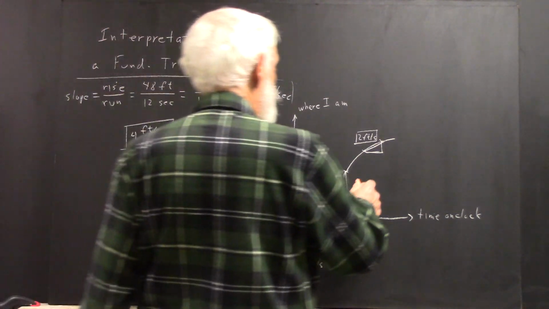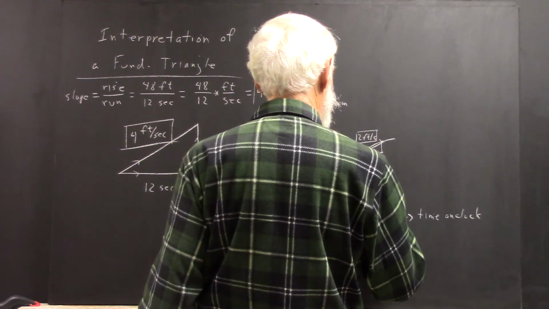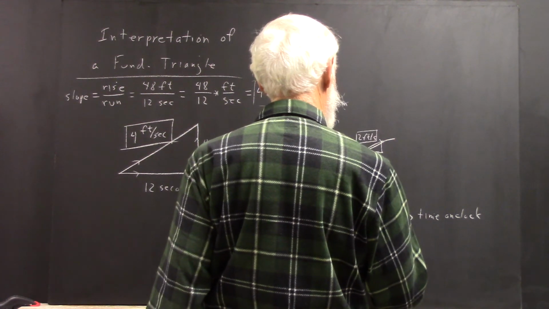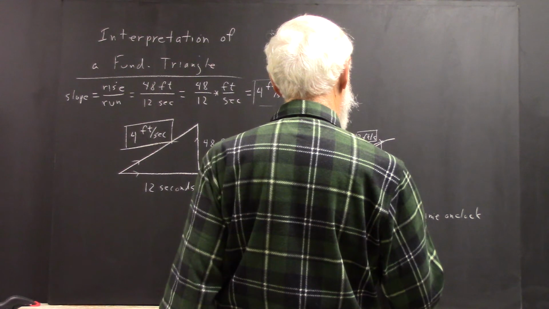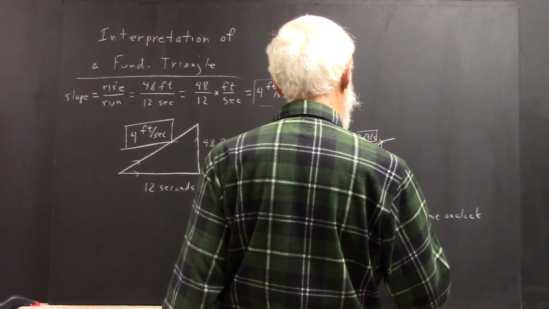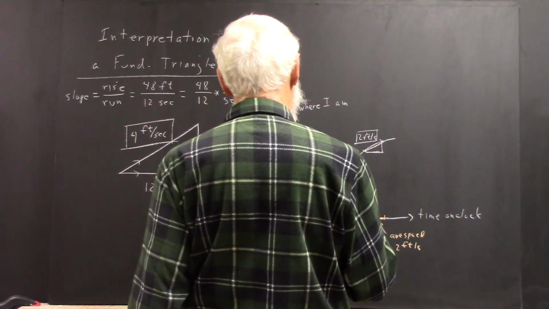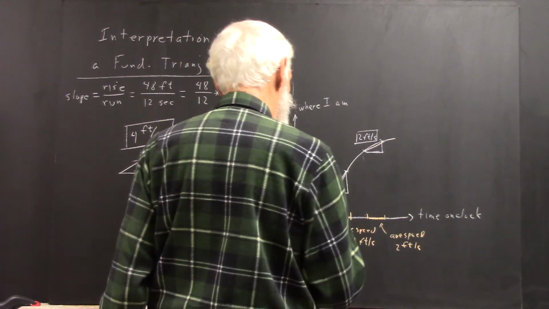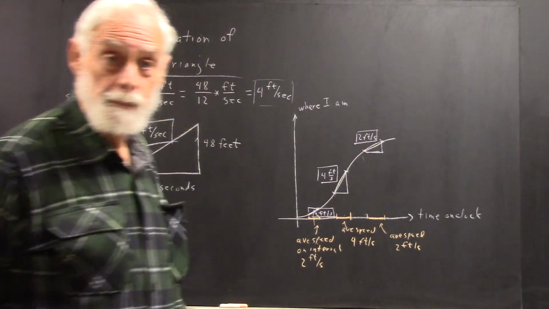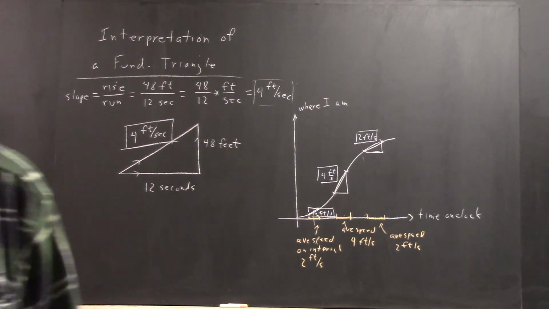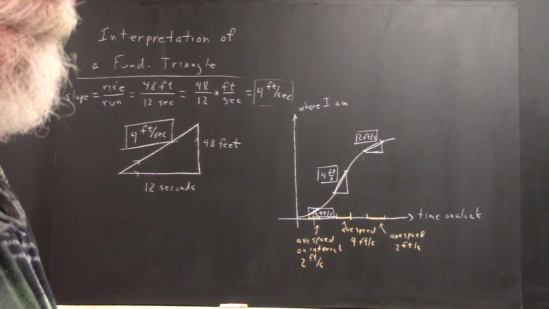And then the average speed on this interval, okay? So right there is information that you get from the fundamental triangle, right?